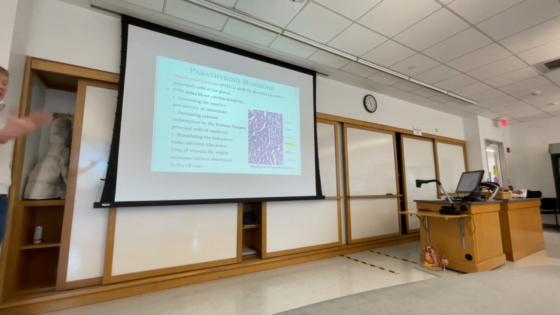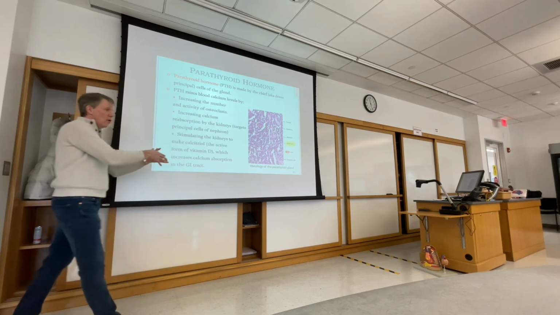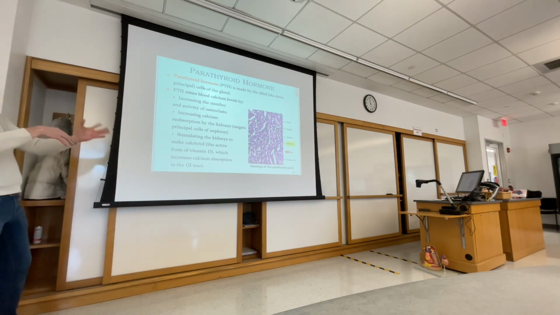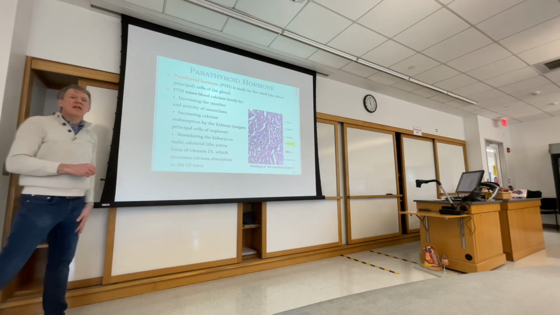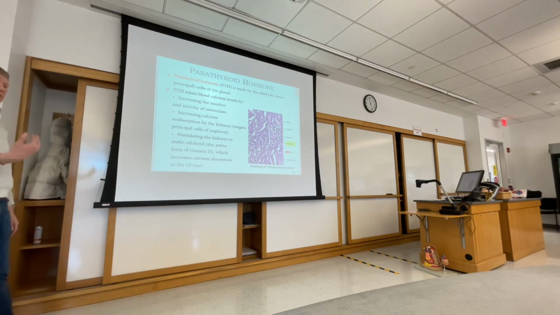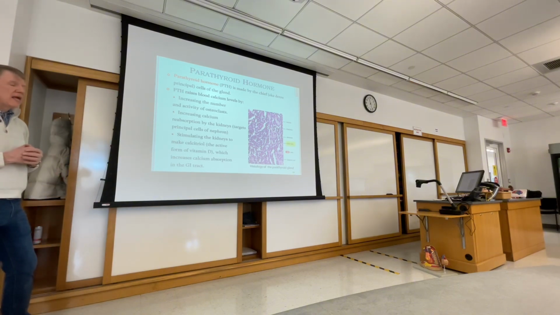Okay, that's not the active version of vitamin D. What actually has to happen is after you have that preliminary version, it has to then go to the liver, it gets converted into something else, and then finally the vitamin D goes to the kidneys and it gets made into this active form that's called calcitriol. And if you have parathyroid hormone around, it enhances that step. It accelerates the rate at which you make the active form of vitamin D.